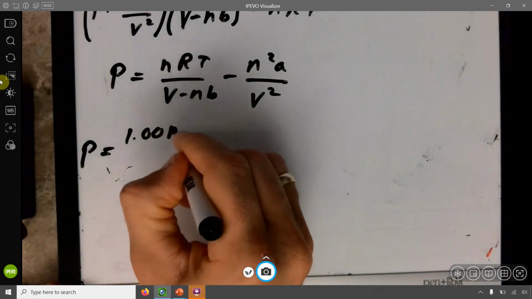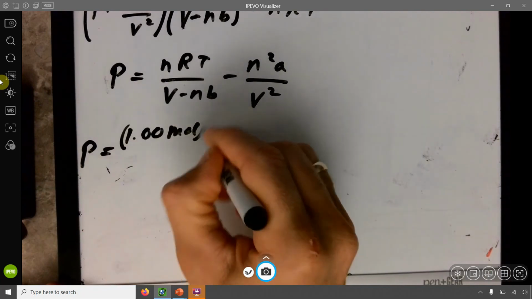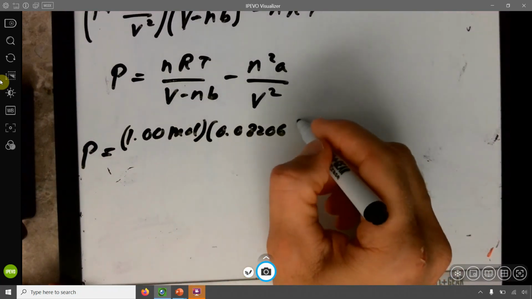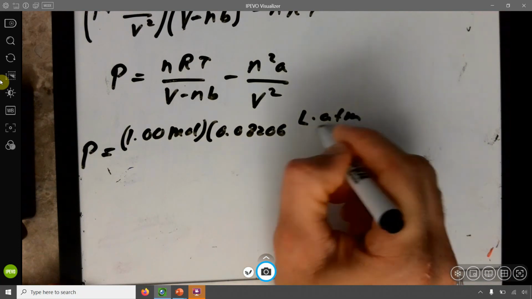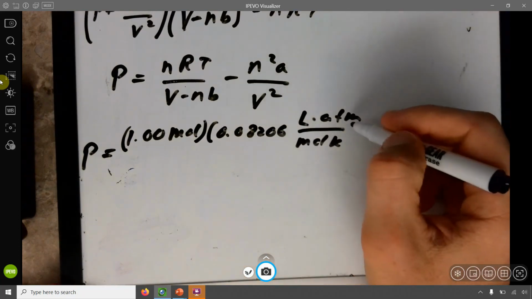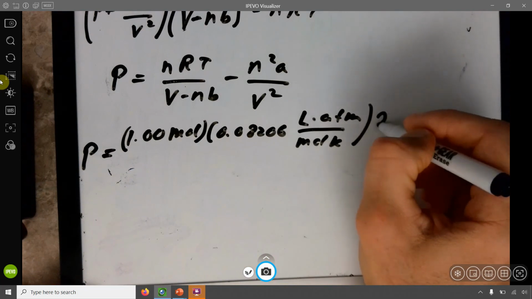1.00 mole, 0.08206 liters ATM per mole K, 273.